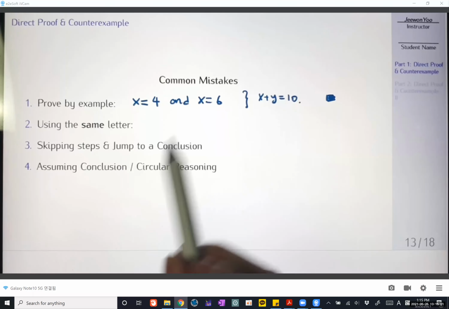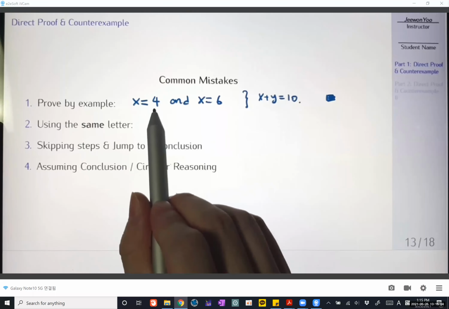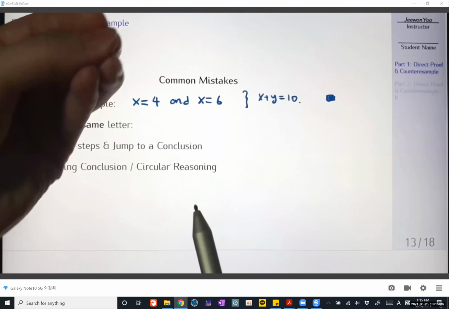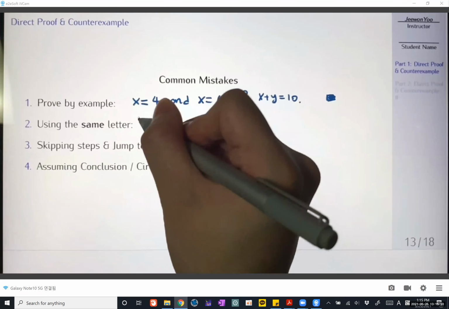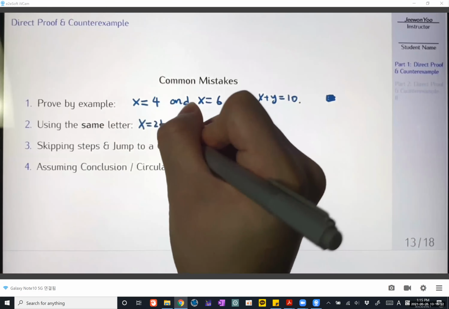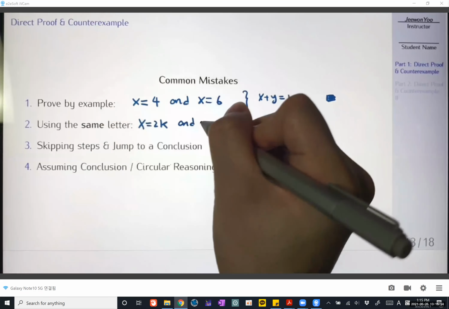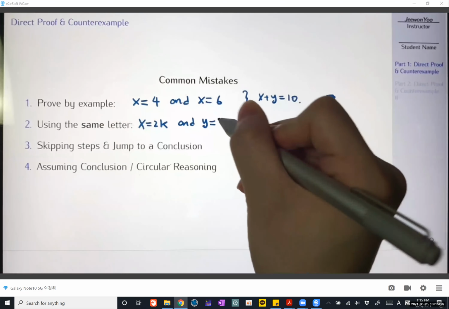Another mistake is that suppose they knew that we have to use the generic element, the arbitrary element, with the form 2k. X is equal to 2k, and y is also an even integer, so they wrote 2k.